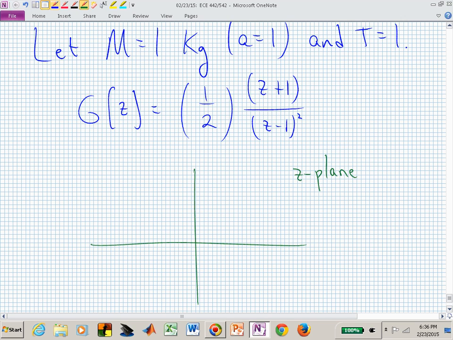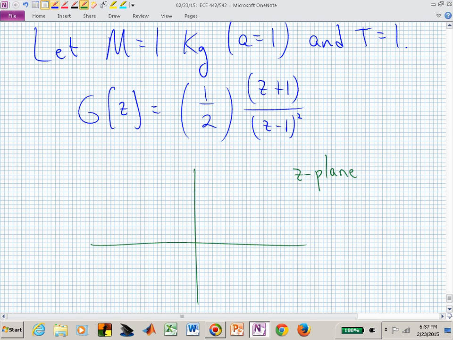We don't have any finite zeros, do we? We have 2 zeros at infinity if we wanted to talk about that, but we just say we don't have any finite values of S in the numerator that causes that G of S to vanish. We have no zeros. Do we have any poles? We have 1 over S squared. We have 2 poles at the origin.